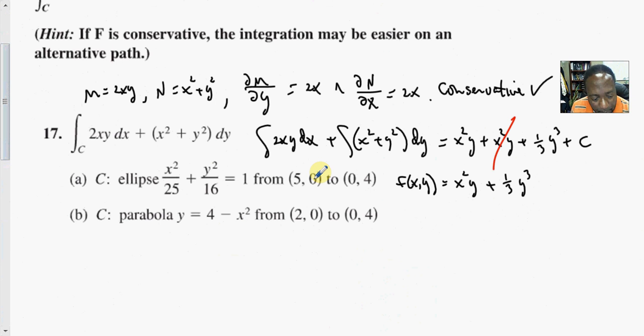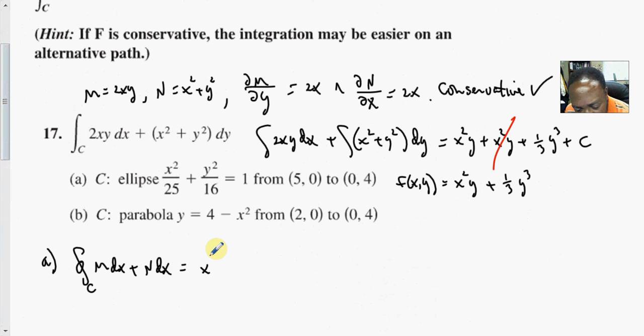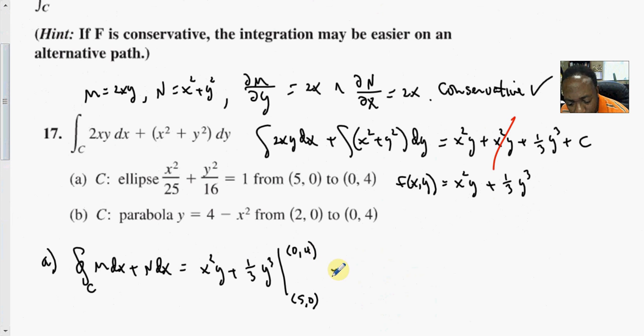Okay, part A. So here, this line integral defined as a differential is equal to the potential function evaluated from 5, 0 to 0, 4. Right?